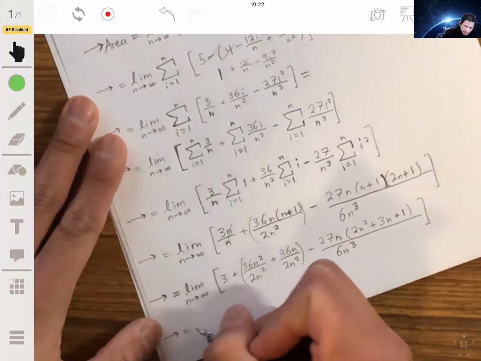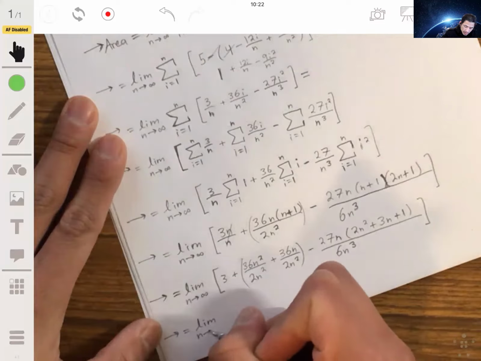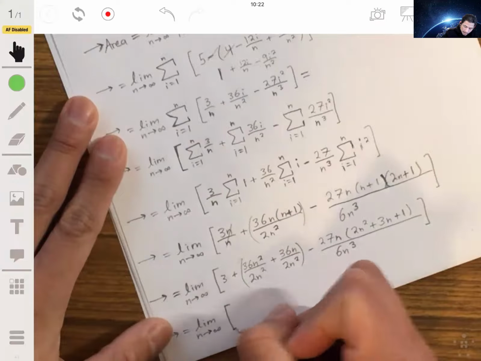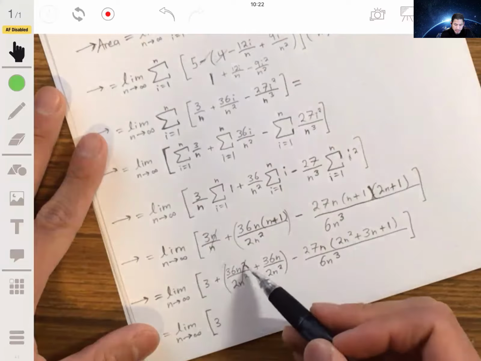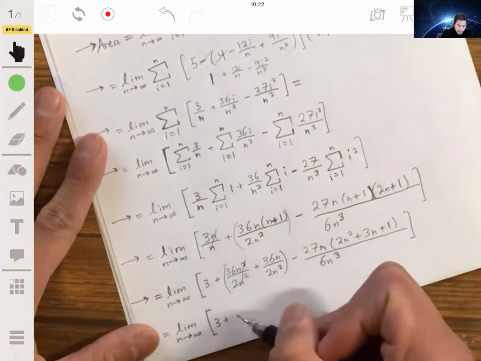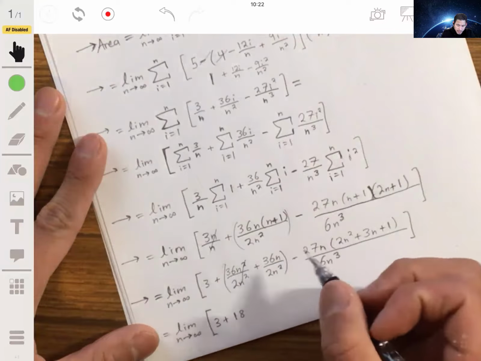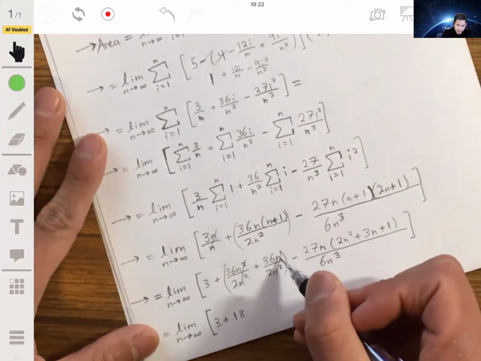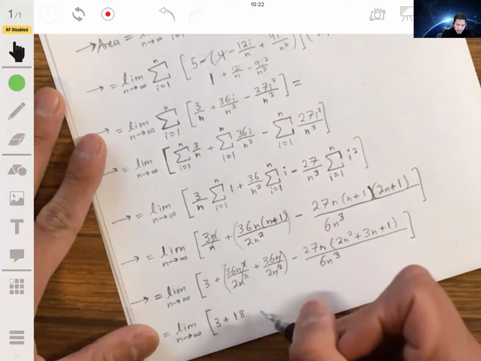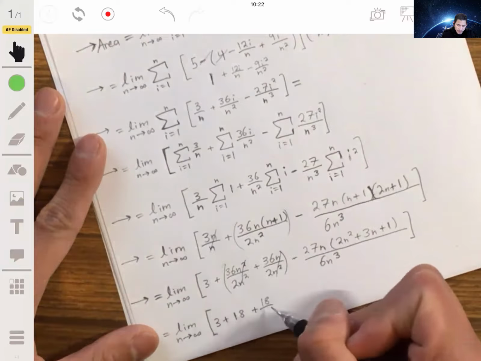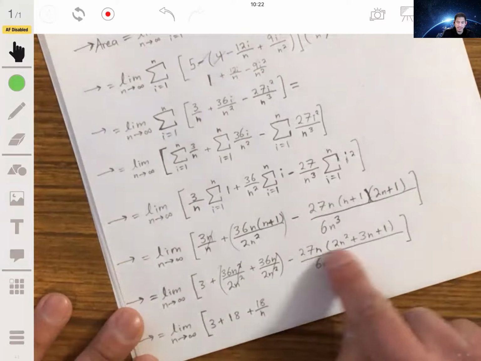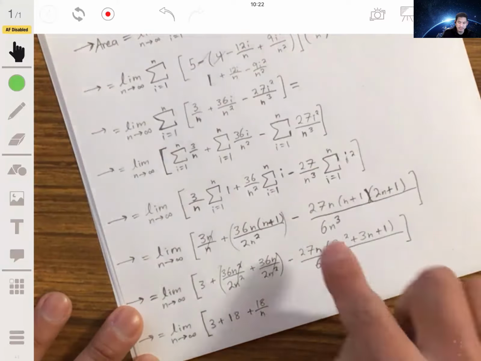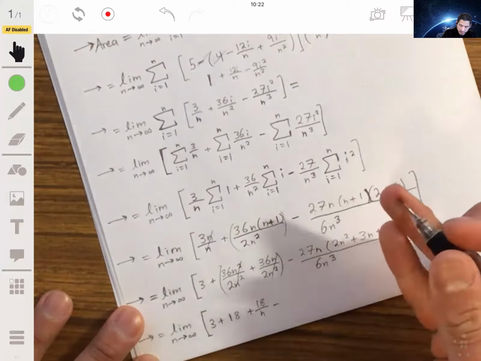Let's see if we can finish it off here. So the n squares cancel, and that would just be 18. So this will be 18 over n. And here let's go ahead, let's break this into three separate terms.